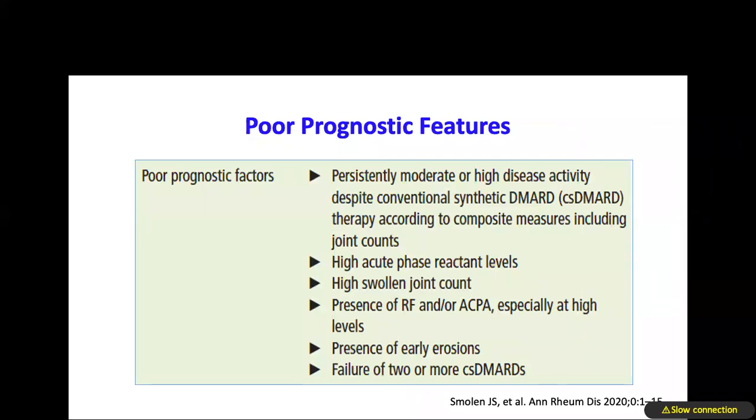And you know that people who have long-standing high disease activity, very swollen joints, erosions, people who have tried many disease modifying drugs, people who have very high rheumatoid factor or anti-CCP antibody titers, they do very poorly with treatment. So you need to identify this aspect also.